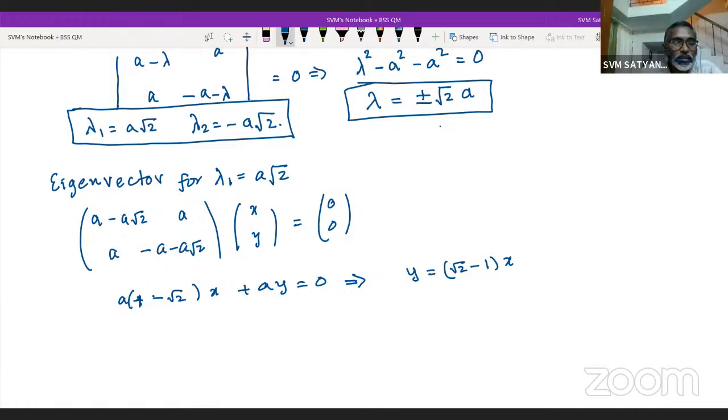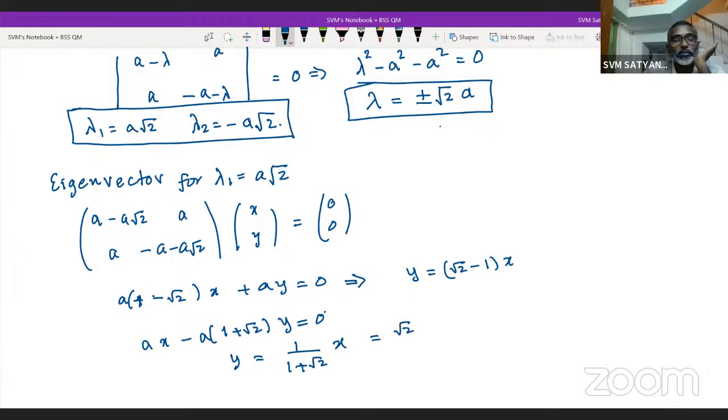What is the next equation? The next equation is A x minus A times (1 plus root 2) into y is equal to 0. Or you will get y is equal to 1 by (1 plus root 2) into x, which is root 2 minus 1 into x.